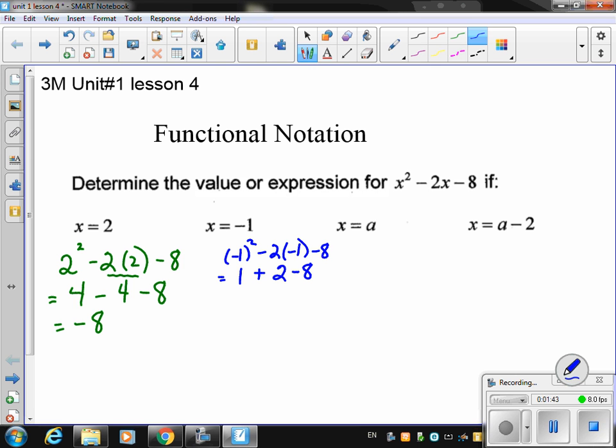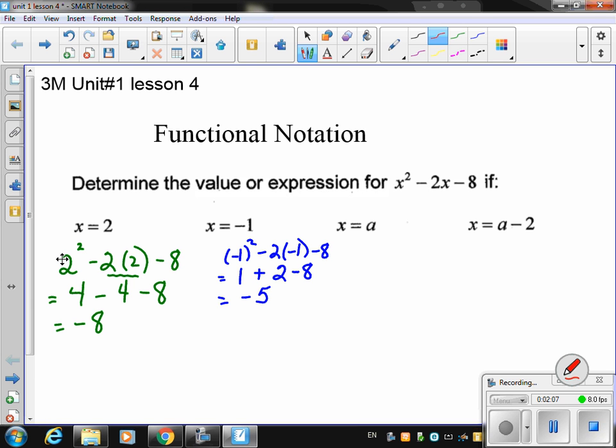Subtract 8. Make friends with your positive and negative button on your calculator to make sure we get the right answers. Working from left to right, 1 plus 2 is 3. Subtract 8 is -5. So if I'm going quickly, don't worry about the arithmetic as much as the fact that when we're asking you to evaluate for certain values of x, we're putting that value into the expression.